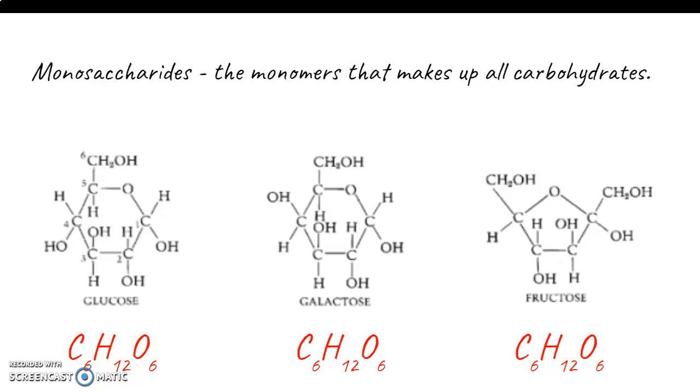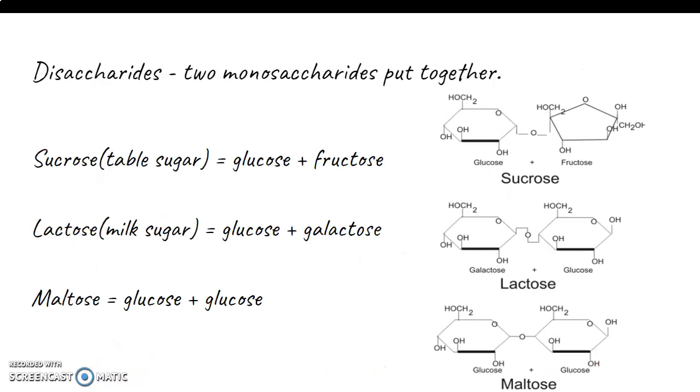If we want to make a slightly larger carbohydrate, we would have a disaccharide. Di, prefix, simply means two. So if you take two monosaccharides and chemically link them together, you have a disaccharide. And again, I think some of these are probably pretty familiar to you.